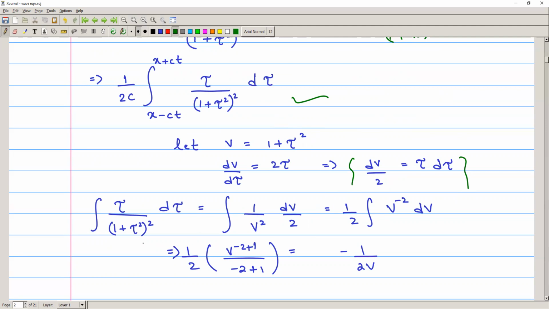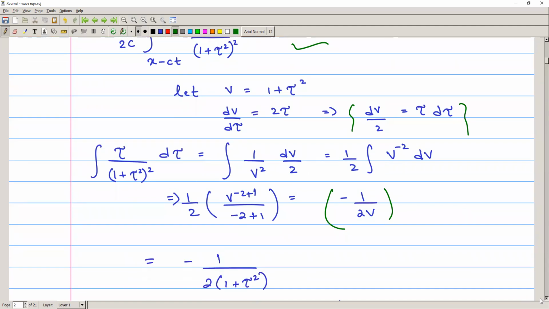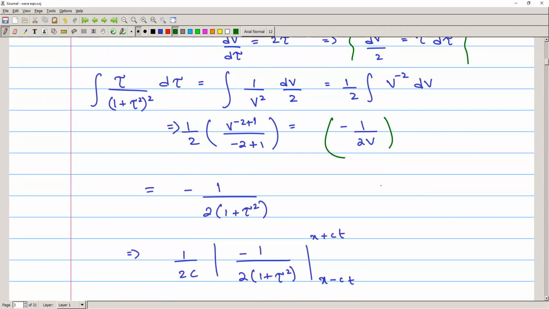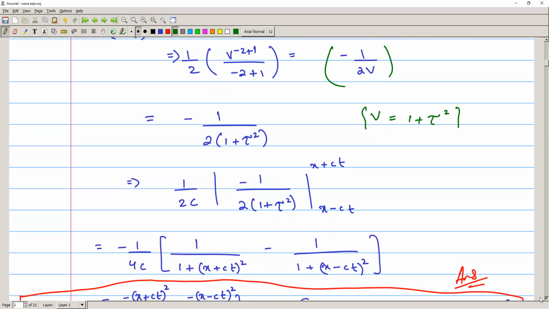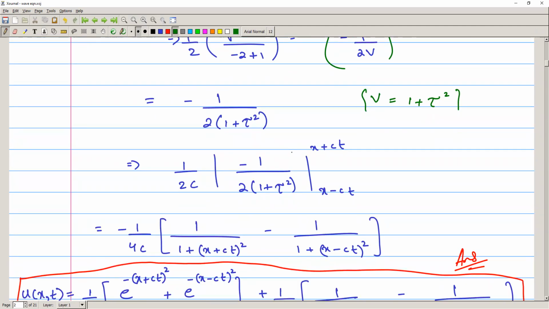We will integrate this function and we will get −1/(2v). All right, now we will replace v with 1 + τ² as our previous assumption. And then we are going to apply the limits from x − ct to x + ct. And the final answer, what we get is this function.